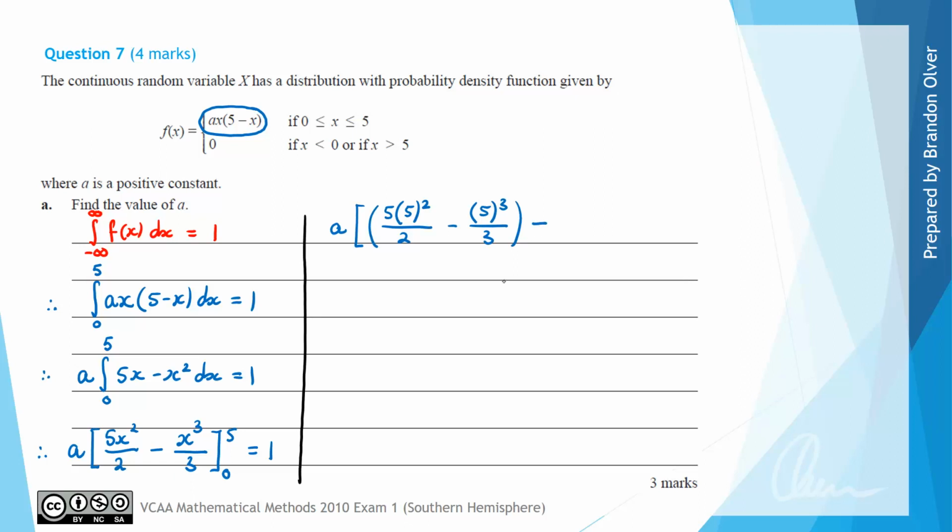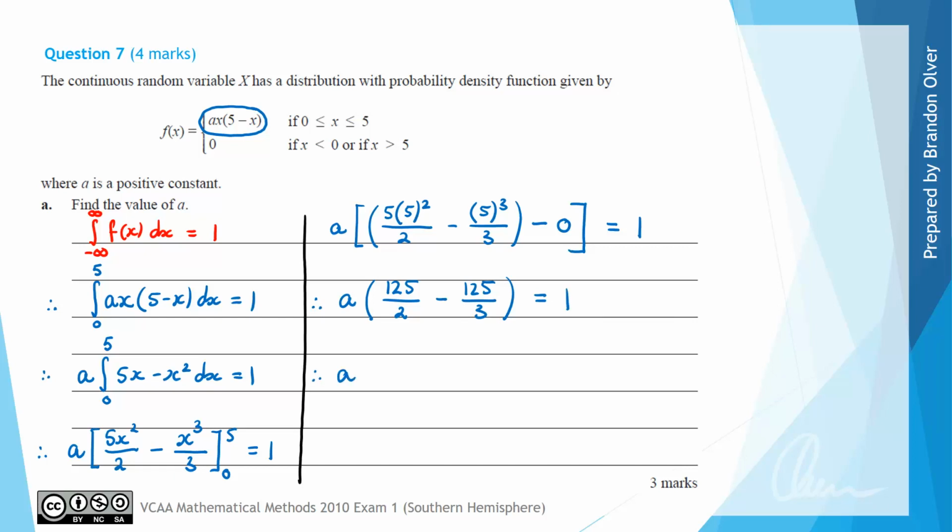Then we subtract the lower terminal of 0 substituted into that antiderivative, which just gives 0. All of that must equal 1. Evaluating, we get a multiplied by 125 on 2 subtract 125 on 3, which equals 1.